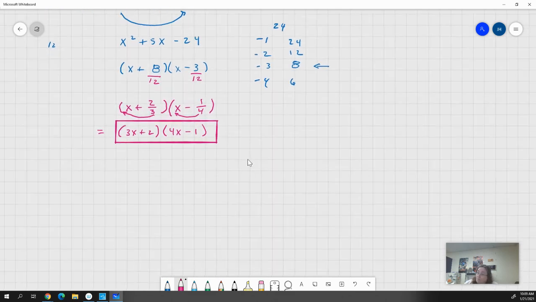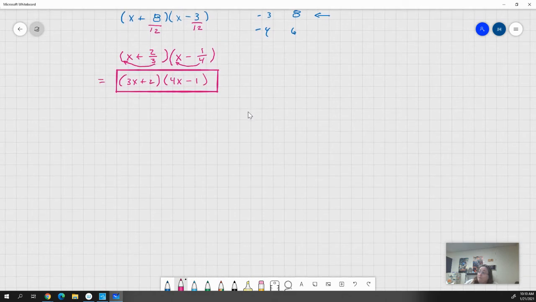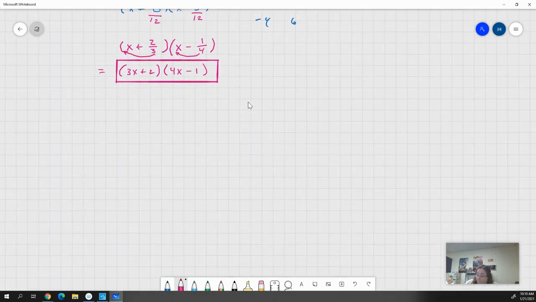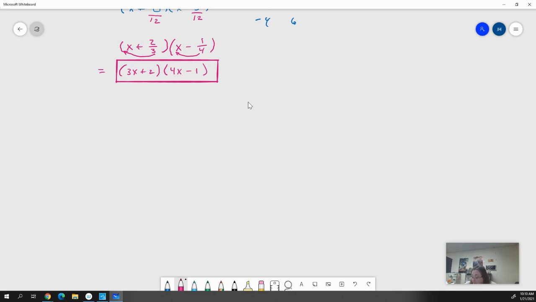I have one more example for you, right? We'll call it example number 4. I'm going to have 16m squared plus 60m minus 54.